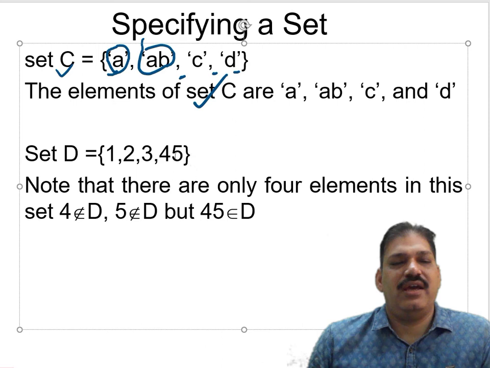Only 4. Mind it, there is no comma between 4 and 5. So that means 45, what we read, is a single element. So 1 is an element, 2 is an element, 3 is an element and 45 is an element. Mind it, 4 is not an element.